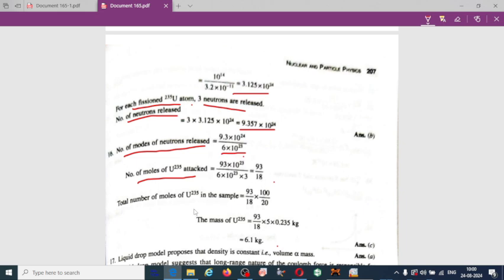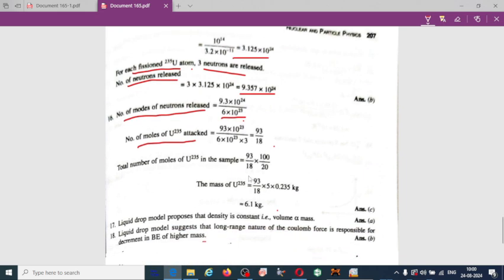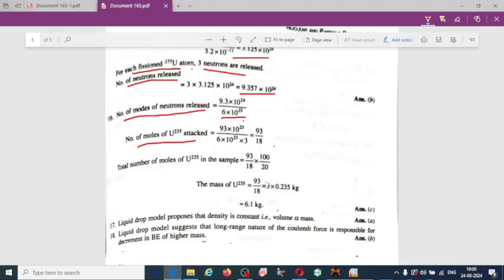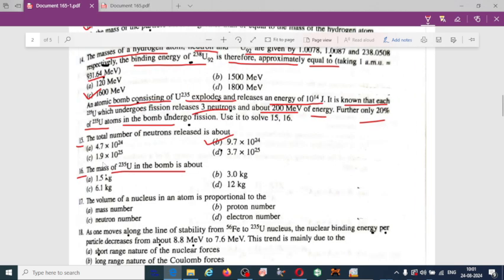So you will get finally, and the 20% they have given here. Further, only 20% of uranium atoms in the bomb undergo fission. So you have to multiply 20%, 100 by 20. Then you will get here the final mass of uranium-235 in the atom bomb, 6.1 kg.